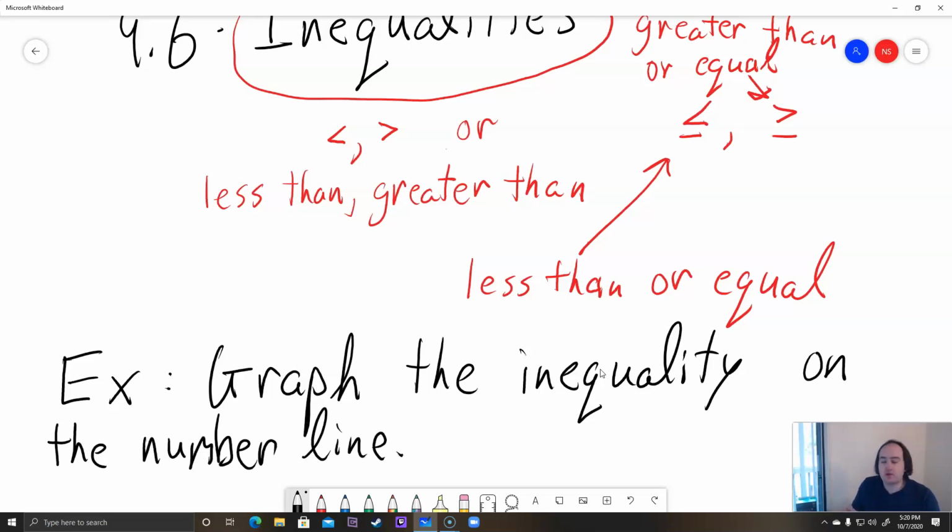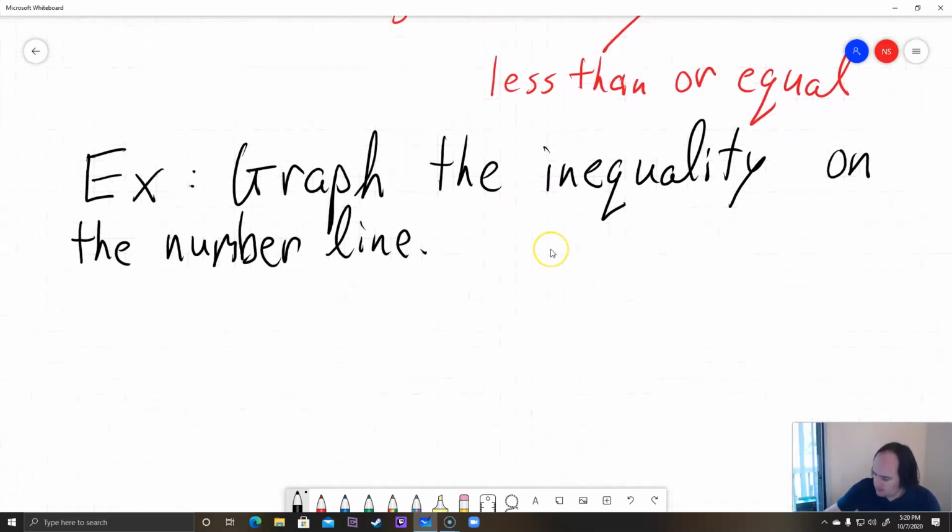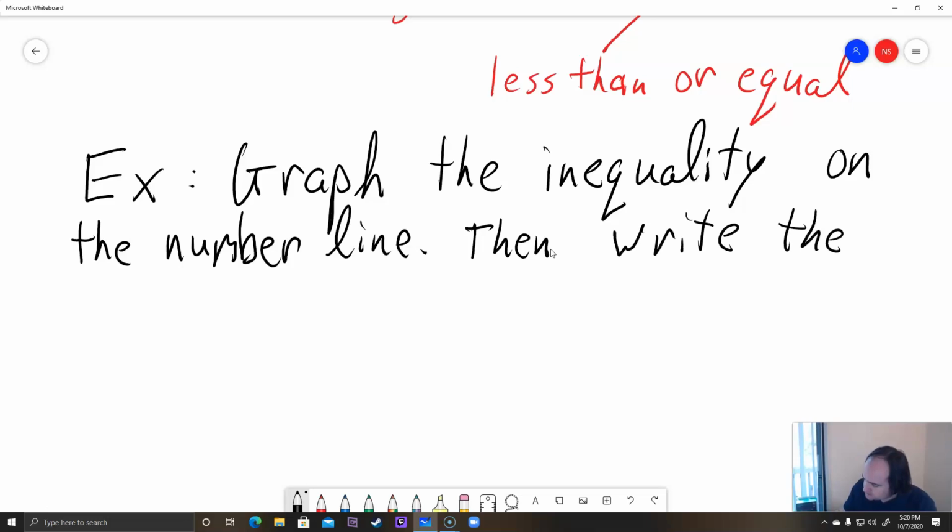Then write the solutions in interval notation.